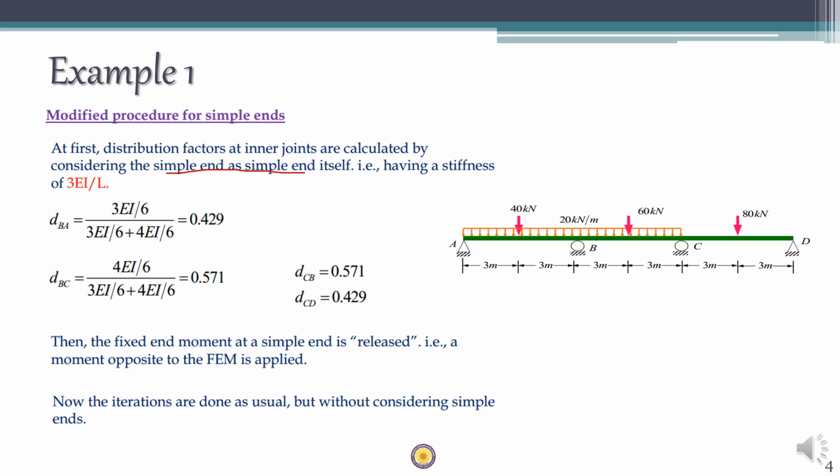Which means that when the far end is a simple end, the stiffness is going to be 3EI by L, and when the far end is a fixed end or inner joint, the stiffness is going to be 4EI by L. So if you consider this particular joint B, the far end of span BA is simply supported, which means the stiffness for this one is 3EI by L.